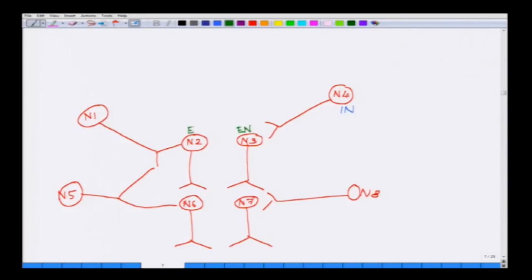N2 is an excitatory neuron, N1 is an excitatory neuron, N5 is an inhibitory neuron, N8 is an inhibitory neuron, N7 is an excitatory neuron, N6 is an inhibitory neuron.